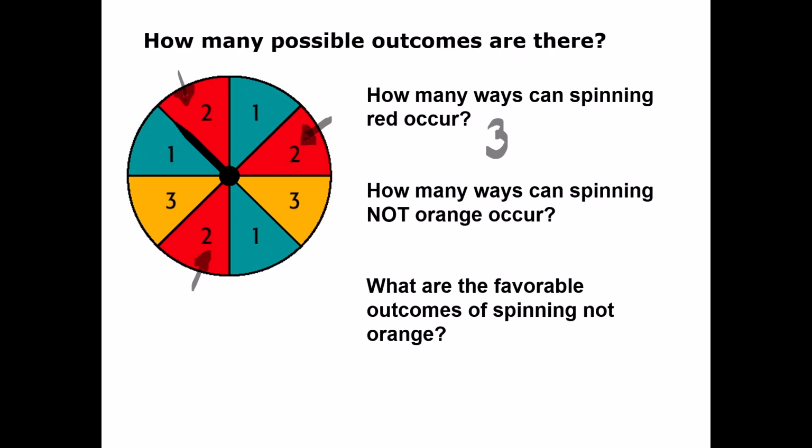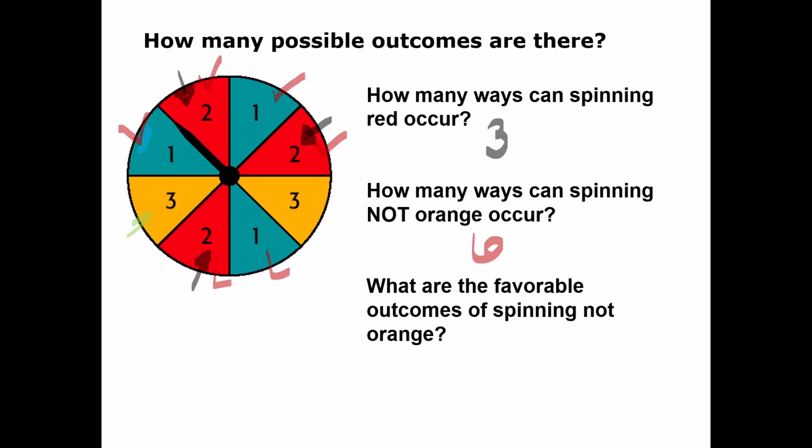If we wanted to look at how many ways there are to not land on orange, I would want to count all the spaces that are not orange. So this one here is not orange. This one here is not orange. 3, 4, 5, and 6. There are 6 spaces that are not orange.